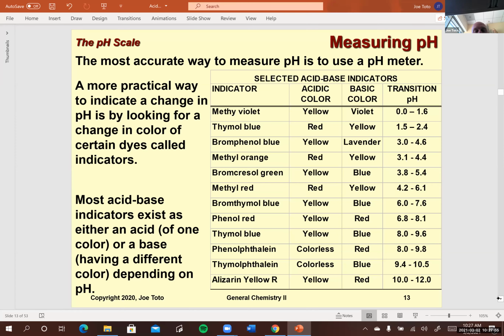Otherwise, a more chemically interesting way to find the pH of a solution is using indicators. And so that's what we do a lot of the times. And here are some representative indicators that are found in the lab. These compounds are usually very large organic hydrocarbon compounds with rings in them that have maybe a hydrogen that can be lost.